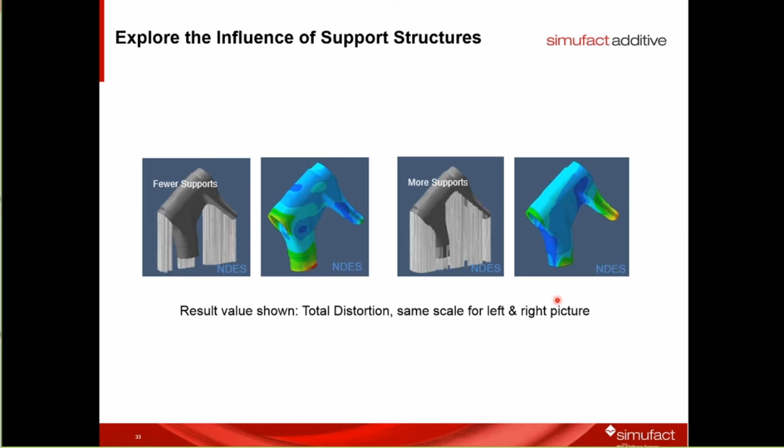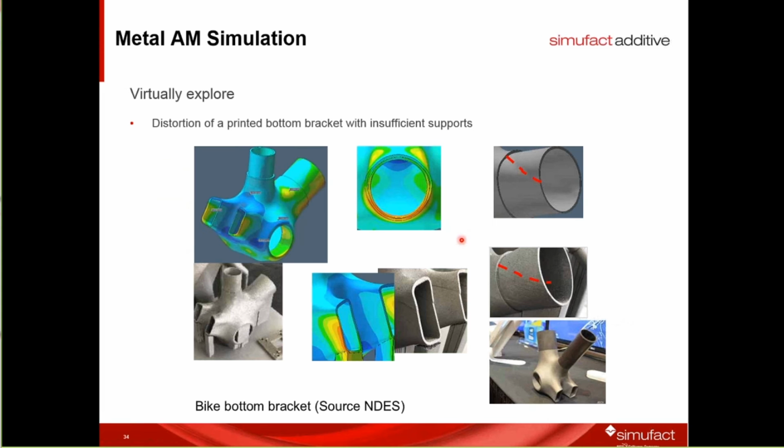Or also considering not only the support structures as a mechanism to make sure that we don't have any collapse, but recognizing that when we do the heat treatment, the support structures are used to convect heat out of the system. So additive manufacturing simulation allows you to really explore those possibilities.